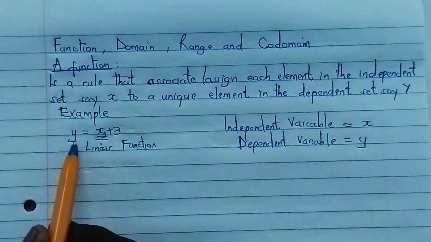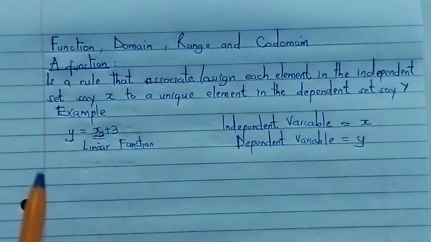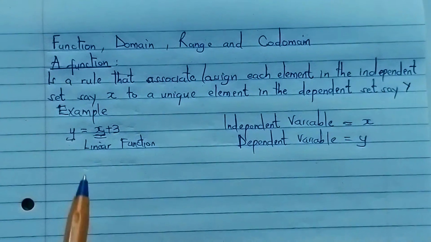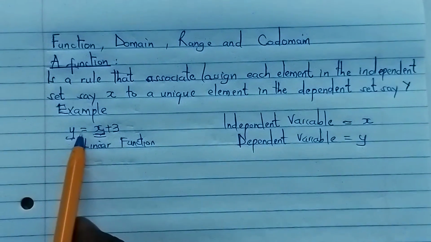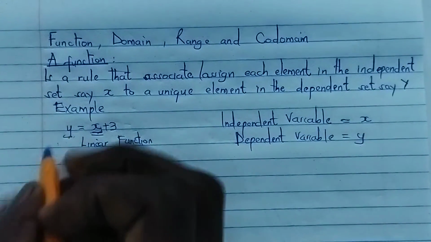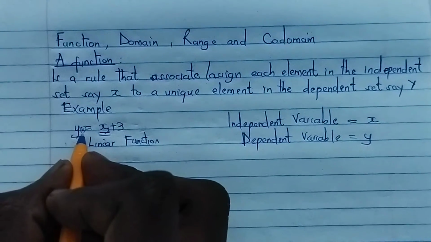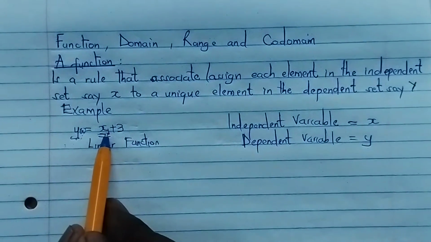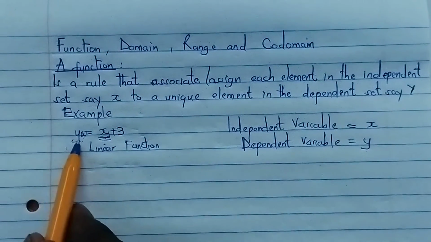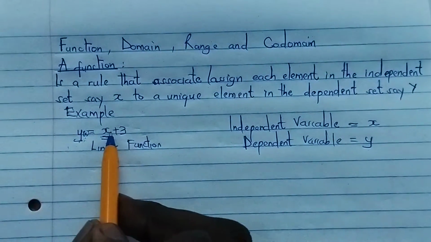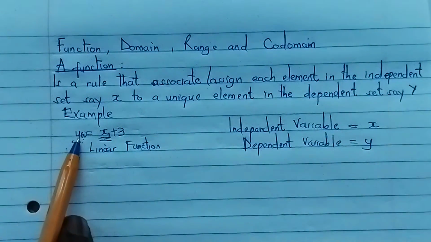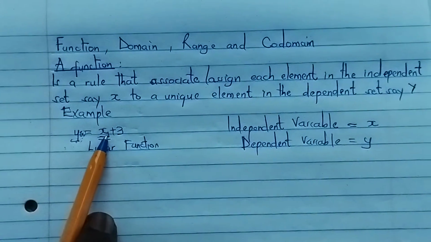Of course, you can start from y to x, but in real sense, this is y, which is a function of x. So you have to know the value of x for you to know the value of y. x is independent, it doesn't depend on y, but y depends on x.